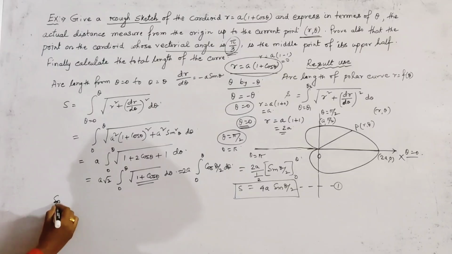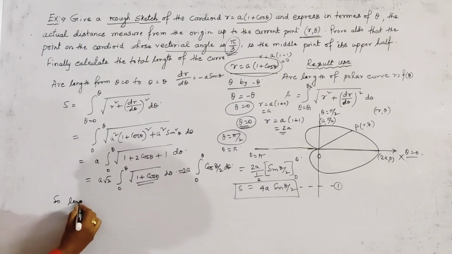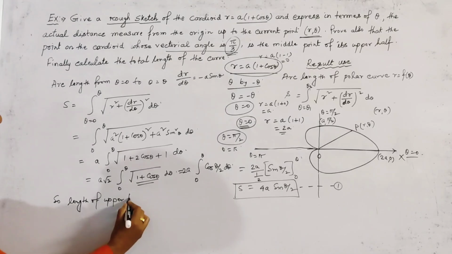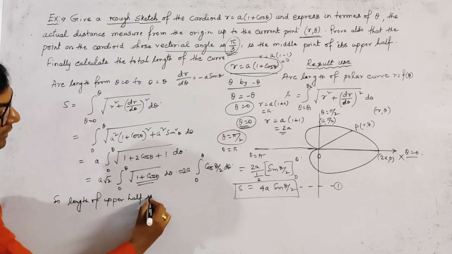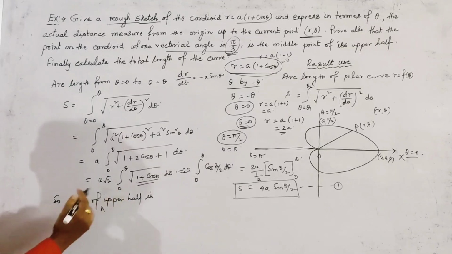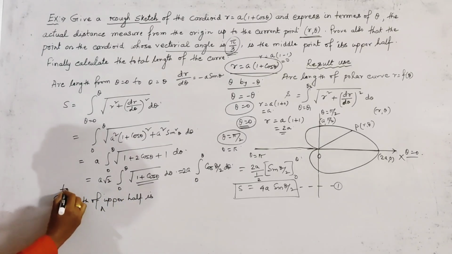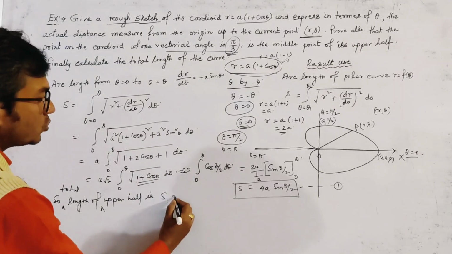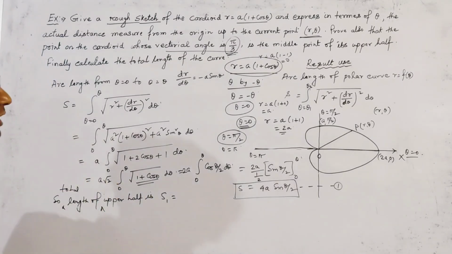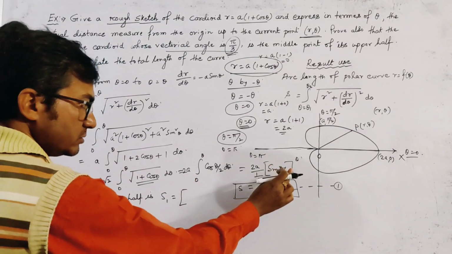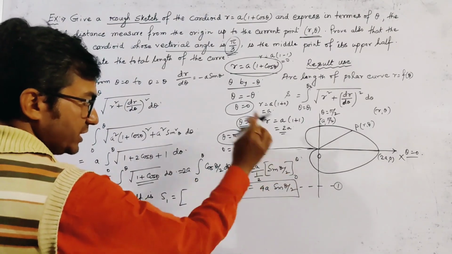So the total length of the upper half, we name this S1, and now we have only to change the limits of integration.